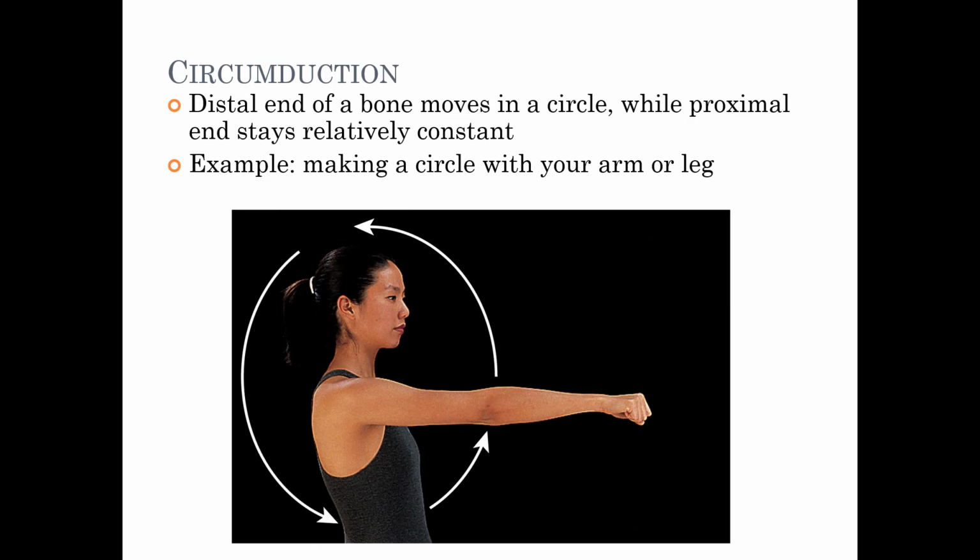Okay, so what we can see here is that as the arm moves in a circle, the distal end, the hand, moves in a circle. The proximal end, so where the humerus articulates with the scapula, stays relatively constant. Okay, so this is different from rotation. And I'll demonstrate this next week when we talk about the different types of muscles that are required to make different movements.